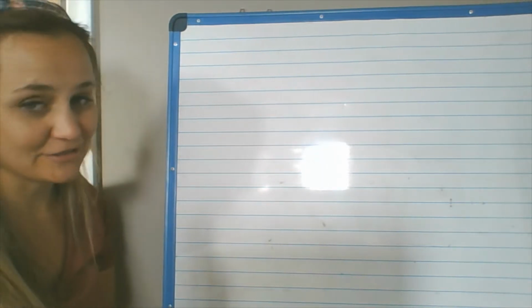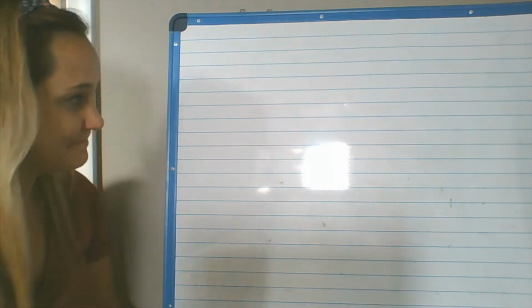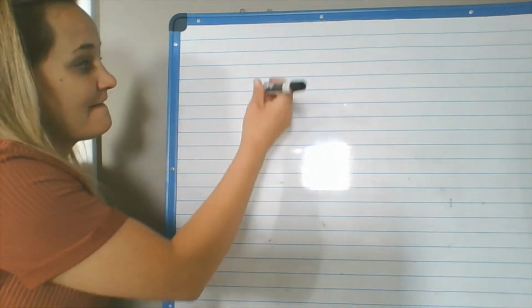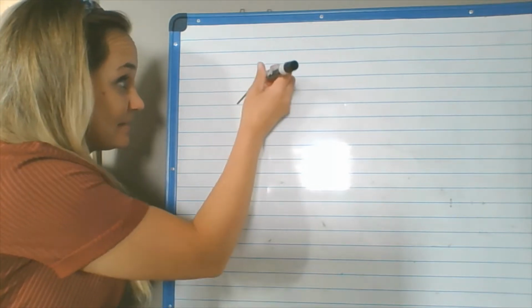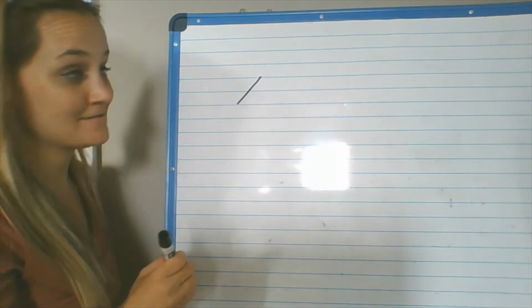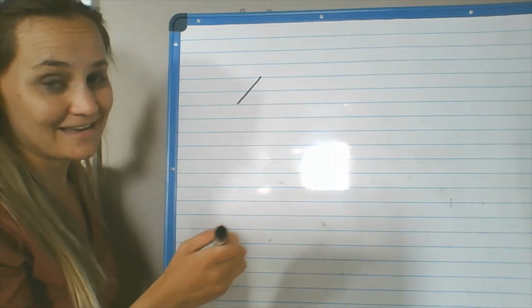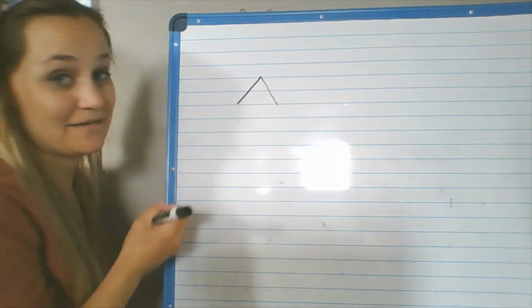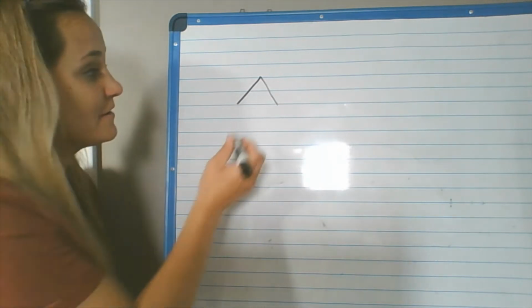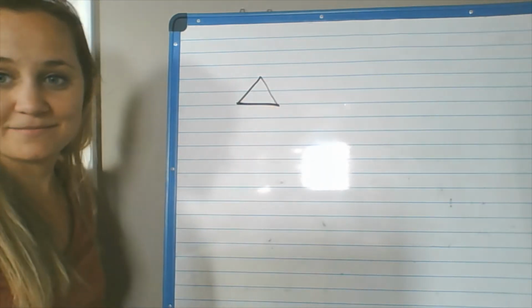All right, let's practice drawing a triangle. Listen to my directions. First, we start at the top and make a slanted line down. Second, we start at that same top point and make another line down. And third, we connect them at the bottom.